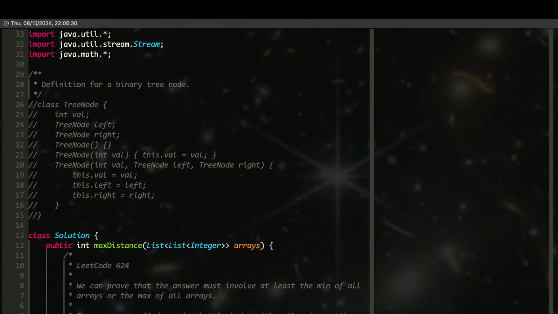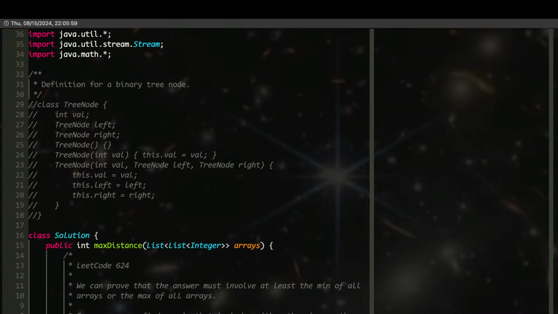If the actual min is in the same array as the actual max and current smaller value, then it can pair with the current bigger value to yield a larger distance.